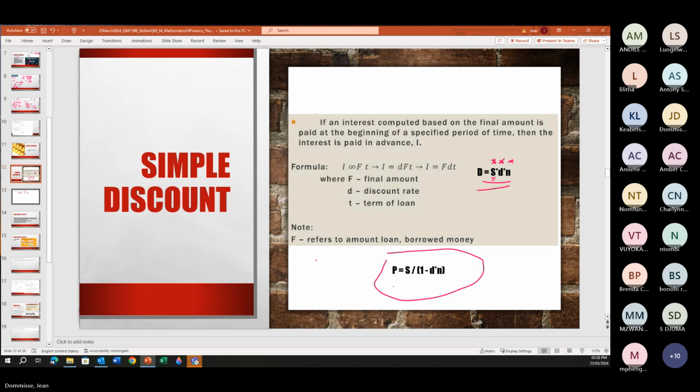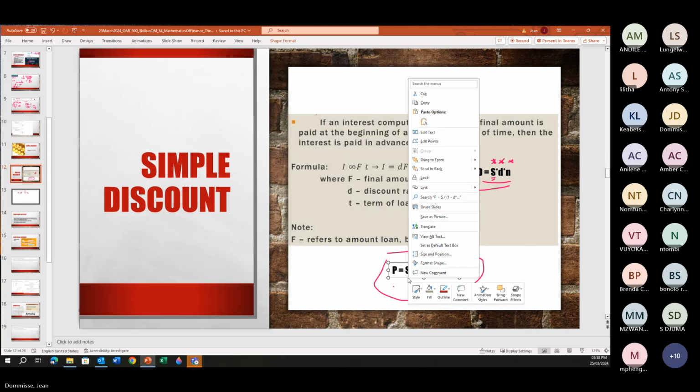They say P is equal to, so let's just copy that formula over.